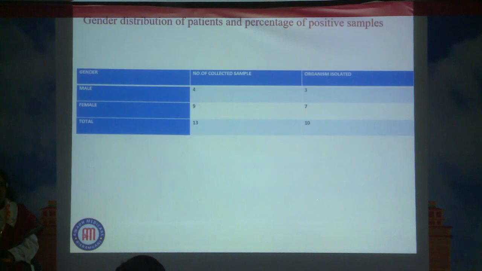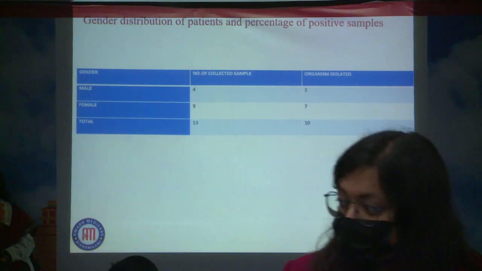Gender distribution was 4 male cases and 9 female cases, total 13 cases. Organisms were isolated from 3 male patients and 7 female patients, total 10 patients, where the sample was positive.